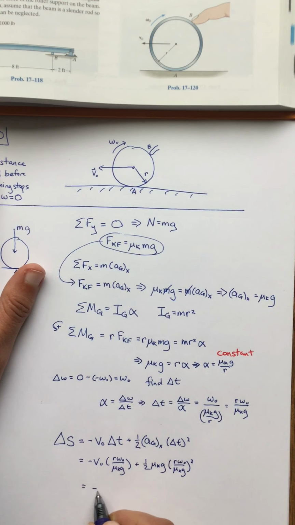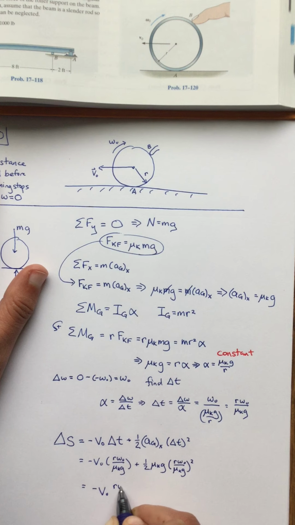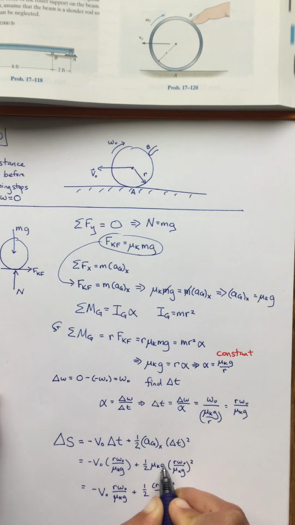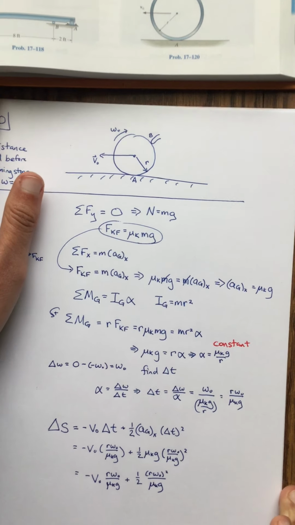So that is minus v naught r omega naught divided by mu k g plus 1/2 r omega naught squared, and then I can cancel this mu k g out with one of the mu k g's that I have in the denominator, which leaves me with mu k g in the denominator.